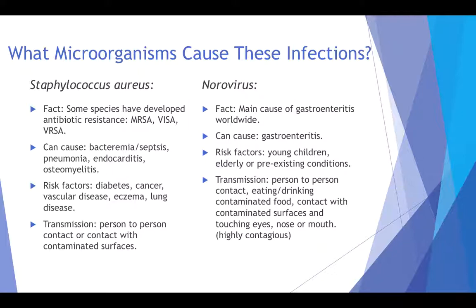This virus can be transmitted from person to person, by eating or drinking contaminated food, or contact with contaminated surfaces and later touching your eyes, mouth, or nose. I should mention that it is very highly contagious, and it can withstand very high and very low temperatures, which makes it a very pathogenic microorganism.